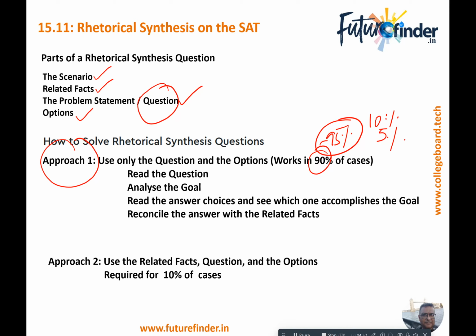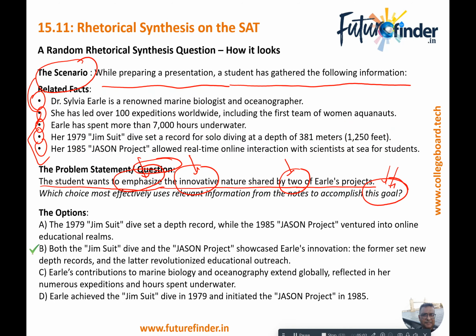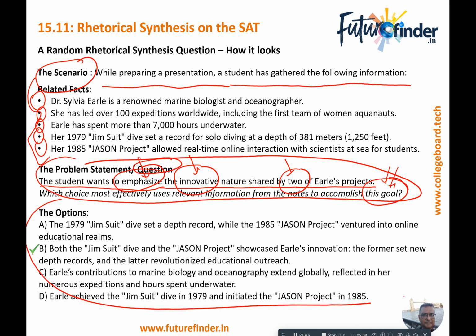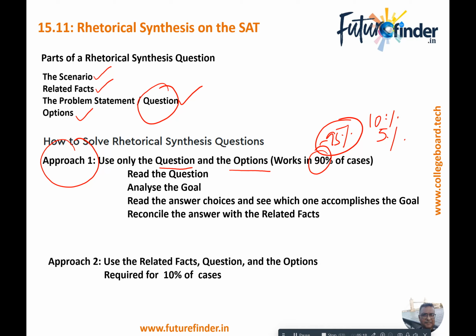The first approach says to use the question and the options. What that means is that we are asking you to use only the question, the problem statement, and the options. So we want you to eliminate the whole scenario and the related facts. That is what we are asking you to do in approach 1.